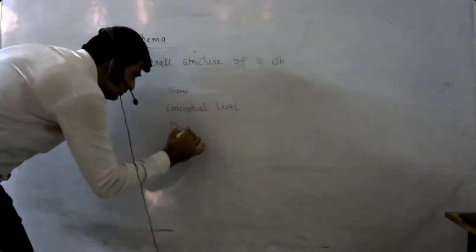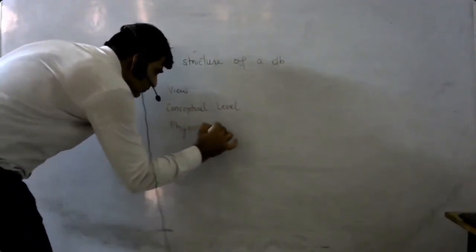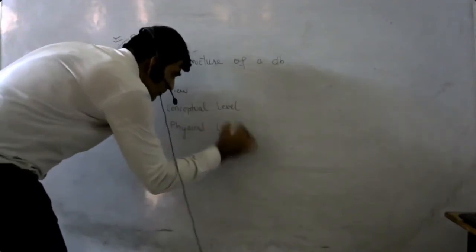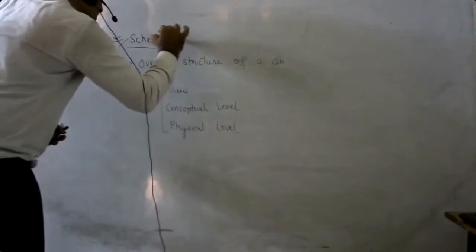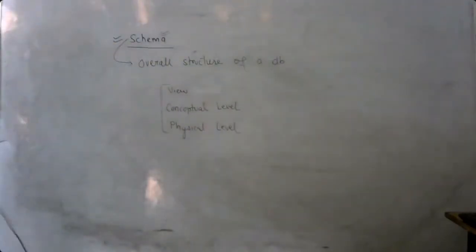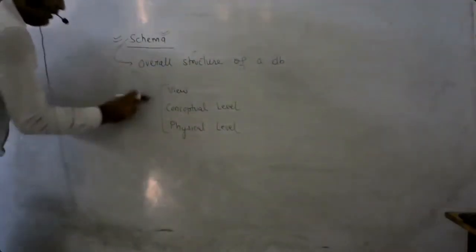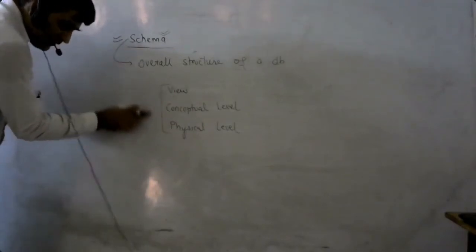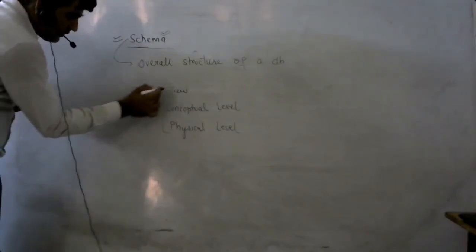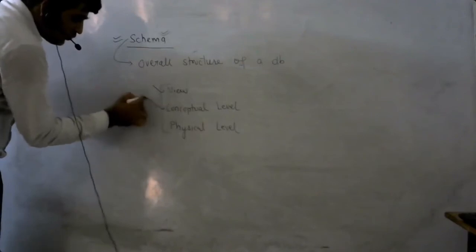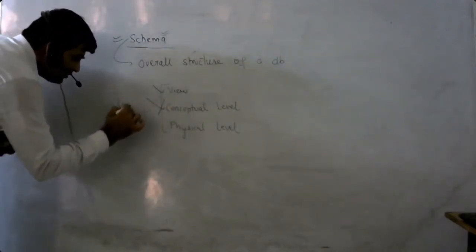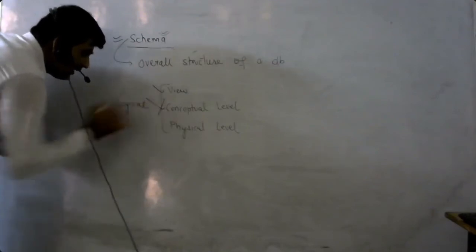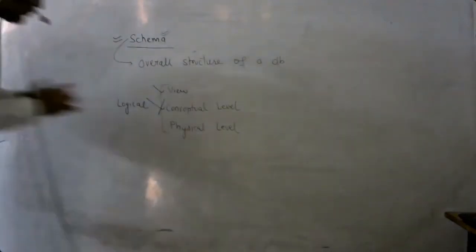This is the order. This is not part of your course, but we have discussed here the term schema. So we can categorize the term schema in three parts: view level, conceptual or logical level, and the last thing is physical level. Logical or conceptual is the same thing.